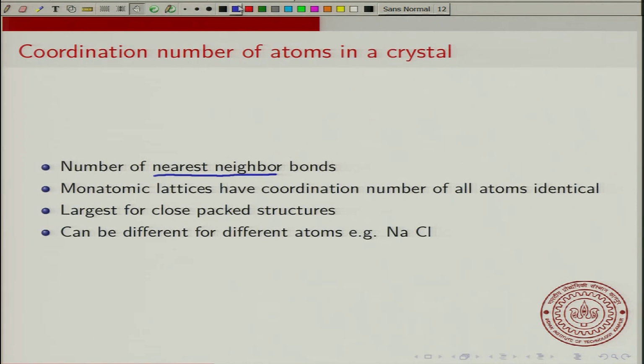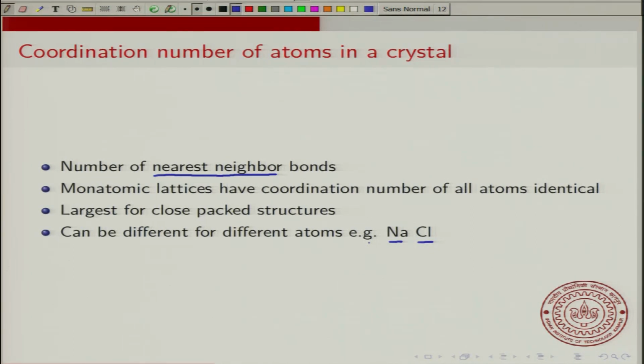For example, you would have a coordination number for sodium and a coordination number for chlorine in a sodium chloride rock salt crystal. It turns out that both of them have the same coordination number in this case, but you can imagine there are cases when the constituent atoms will have different coordination numbers.